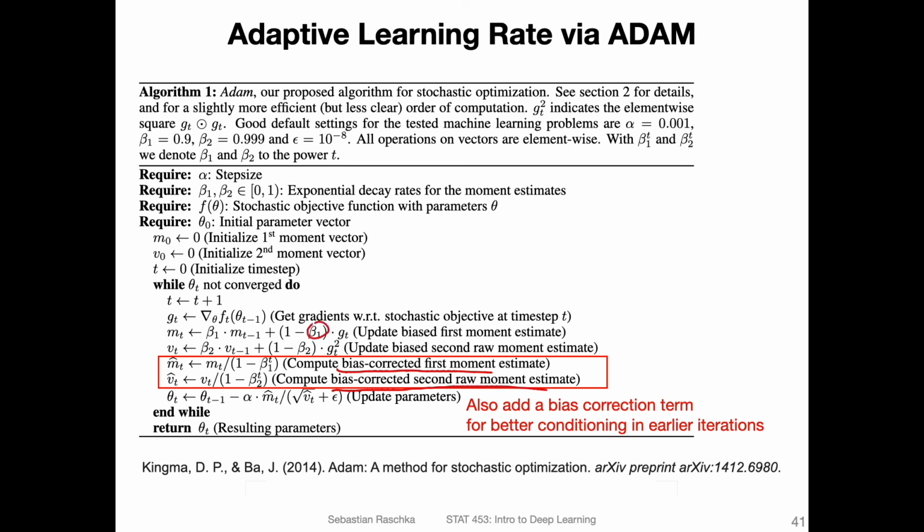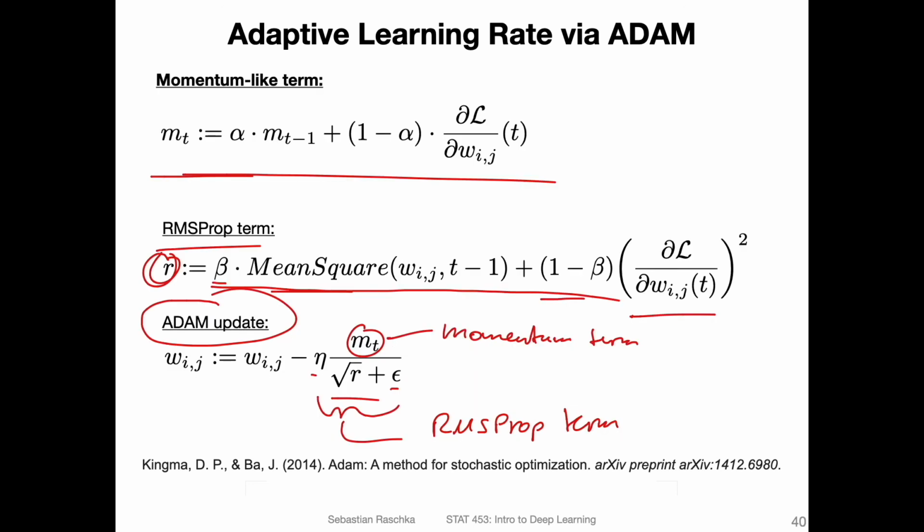So here they have beta 1 and beta 2. So if we go back, I called that alpha just because I found it simpler, but this is essentially beta 1. And here this is beta 2 in the paper. I just found it somehow more intuitive to say alpha and beta, because we also used alpha before when we talked about momentum.